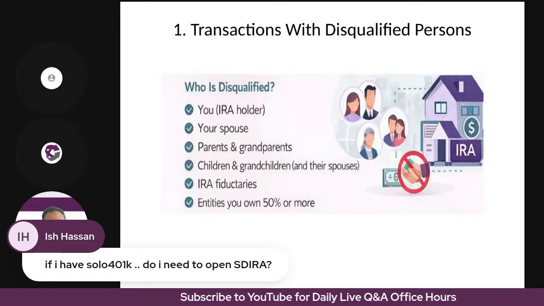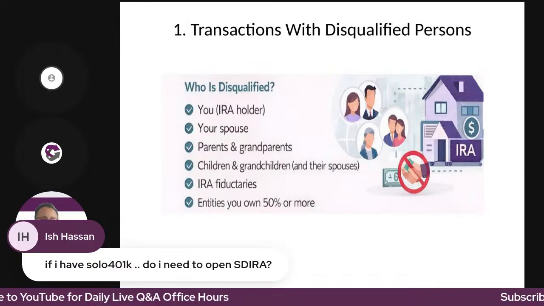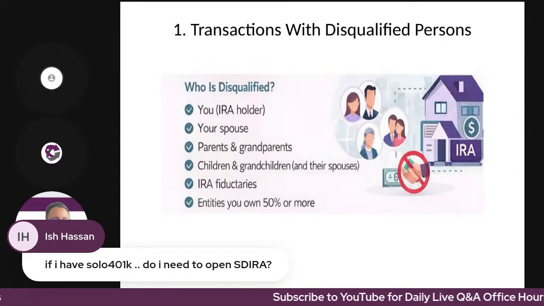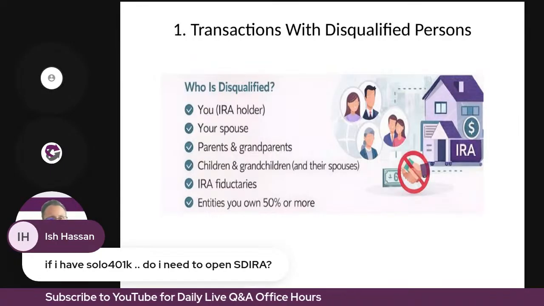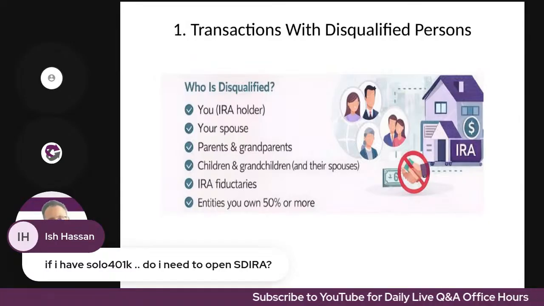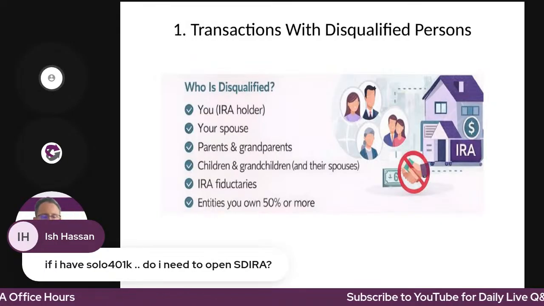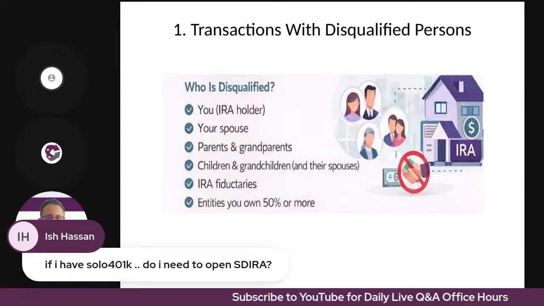However, the Roth IRA regulations do not allow for the transfer of a Roth IRA to a Roth solo 401k or any type of Roth 401k. So that's an example where if you want to invest your Roth IRA funds in alternative investments like precious metals, real estate, promissory notes, and so forth, even private equity, then that's where you may want to open up a self-directed Roth IRA. So that would be a good example. Okay, good question.